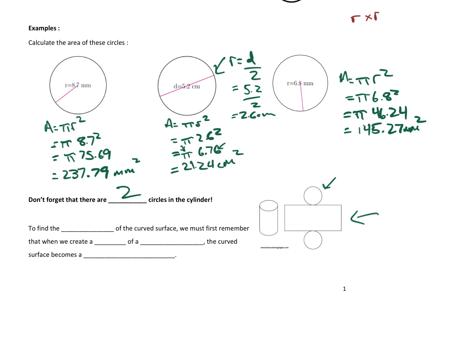To find the area of the curved surface, we must first remember that when we create a net of a cylinder, the curved surface becomes a rectangle. It should usually give us the height.